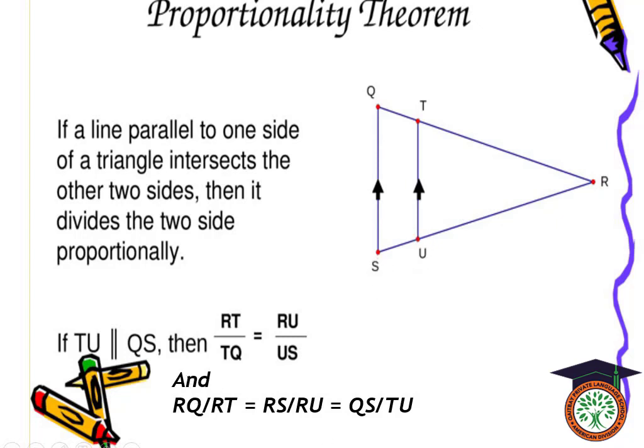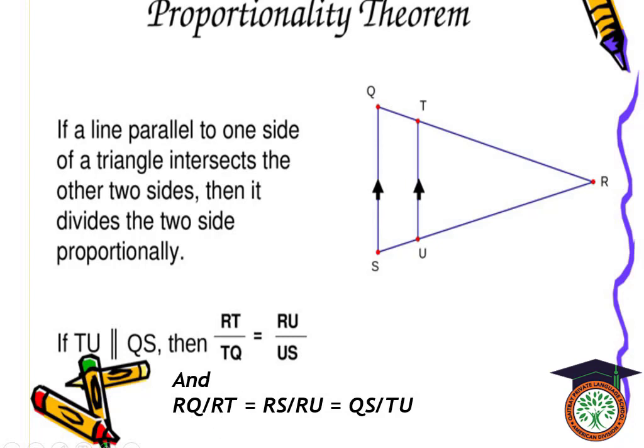Also, we have here another proportion. It will be written in this form. So let's read it and understand it well. The first ratio is RQ, and I took here the whole side, RQ. Who can tell me what the corresponding side is here?